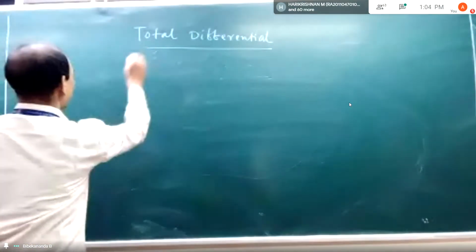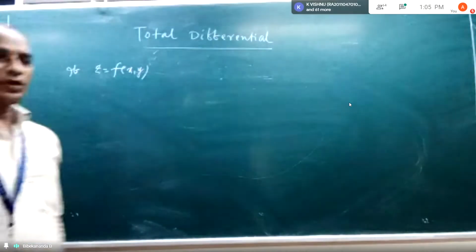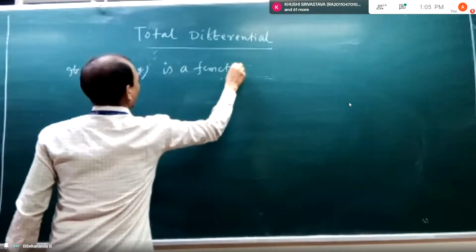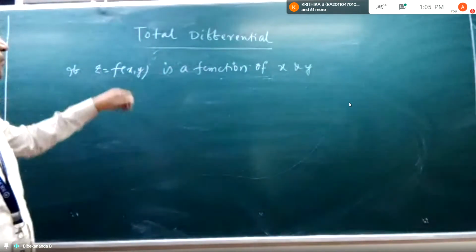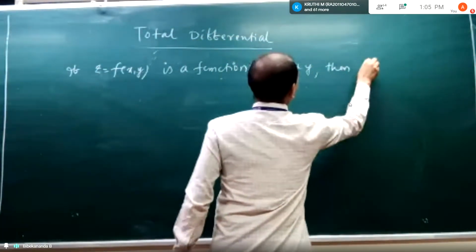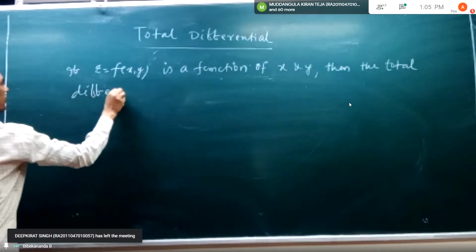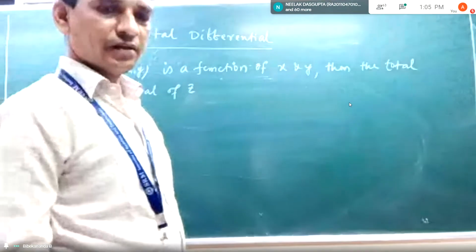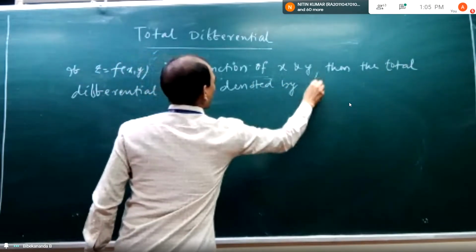If z equal to function of x y, if z equal to f of x y is a function of x and y, then the total differential of z, denoted by dz.